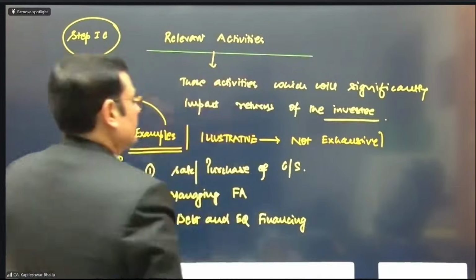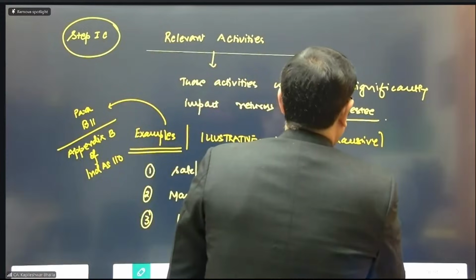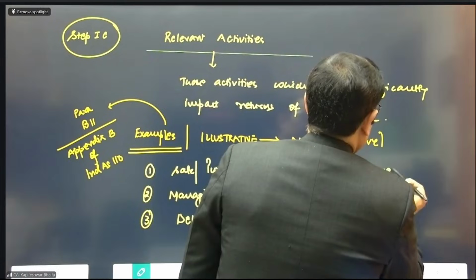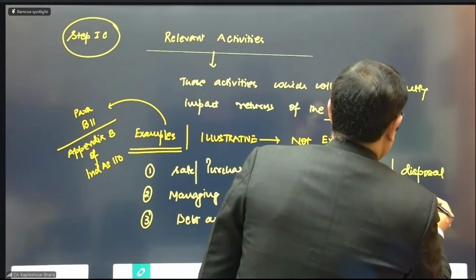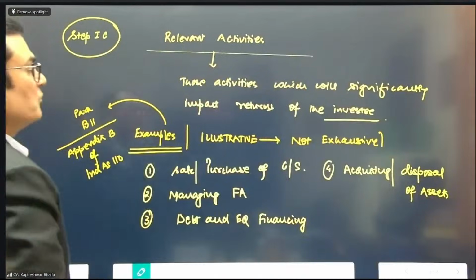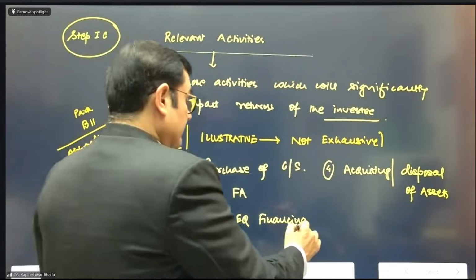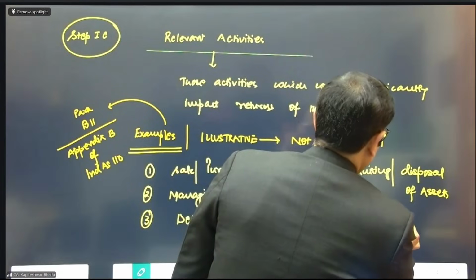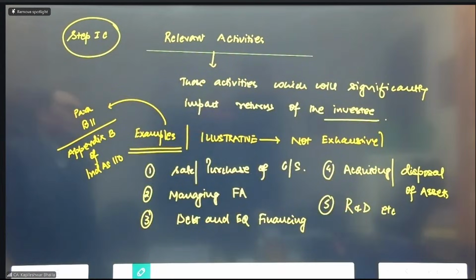Number 4, acquiring or disposal of the assets. So you're taking all these decisions in this case, and you can say R&D, research and development, etc. So this is the list of activities.